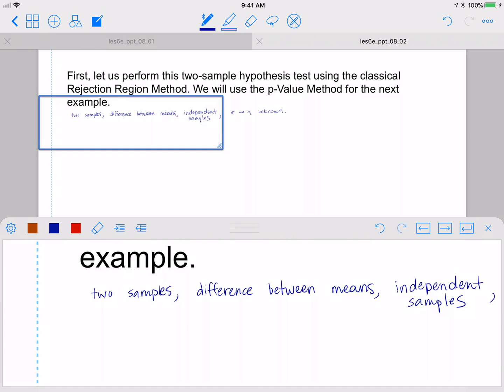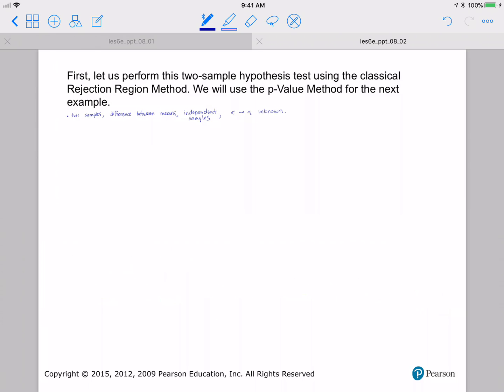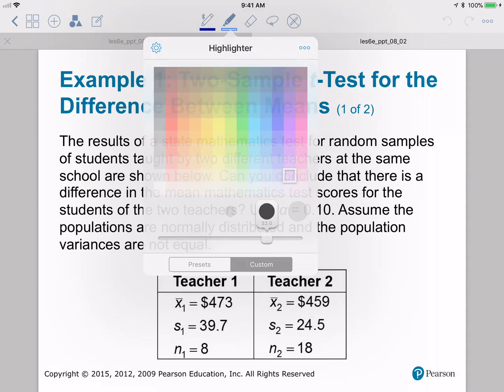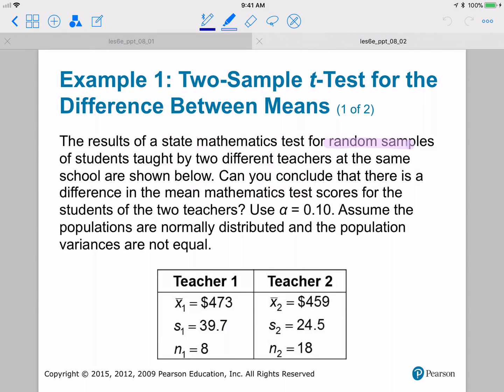Okay, so here's our setup. So let's verify that we've got a random sample, and let's verify all that stuff. Okay, here we go. Our samples are random samples. Verify that sigma 1 and sigma 2 are not known. They're not. In fact, all we've been given is S1 and S2, right?